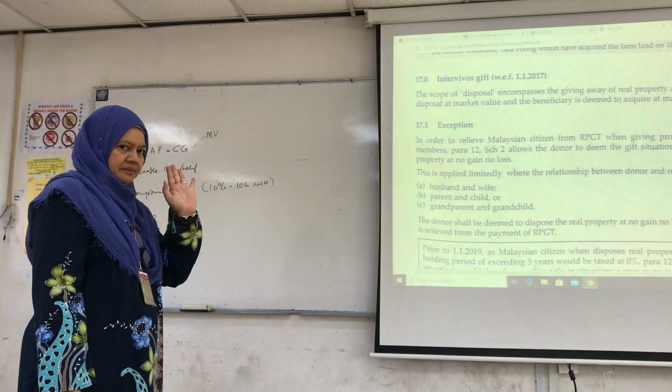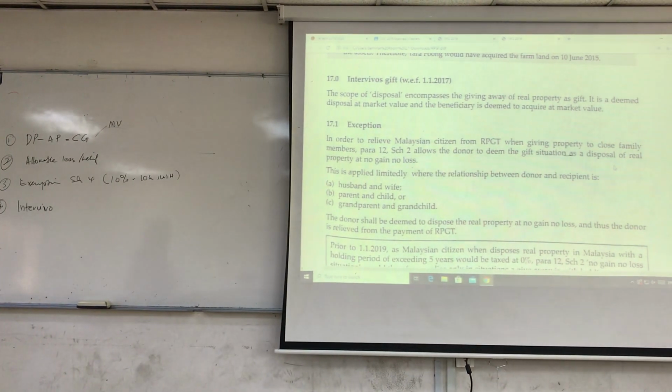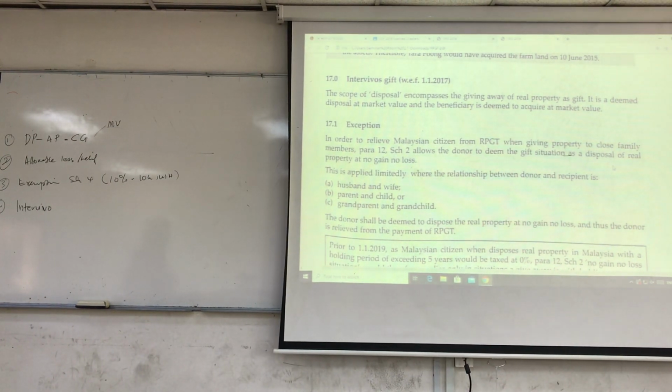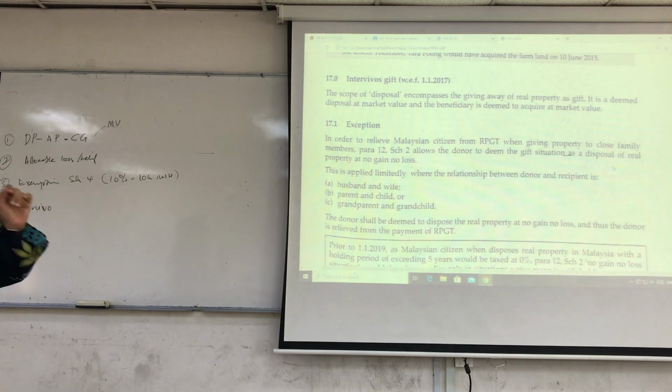Okay. Exception. Under normal circumstances, inter vivo will be a disposal at market value. But in order to relieve Malaysian citizens from RPGT when giving property to close family members, Para 12 Schedule 2 allows the donor to deem the gift as a disposal of real property at no gain, no loss.